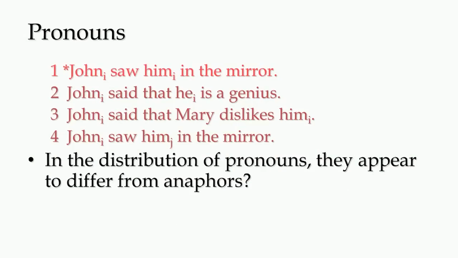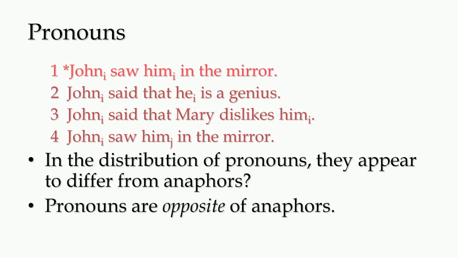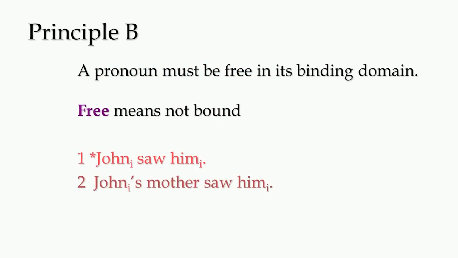So, what do we see as part of the story here? We are saying for the distribution of pronouns, there appears to be a different set of rules applying, and that rule is very simple, which is completely opposite of anaphors, and it says that pronouns must be free in their binding domain.